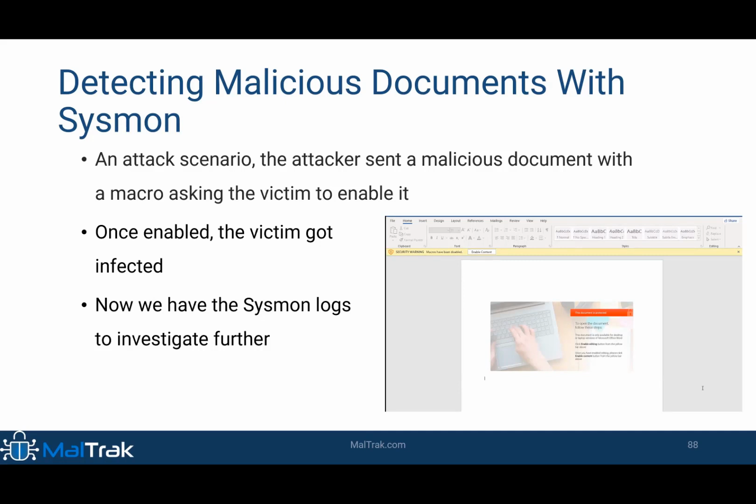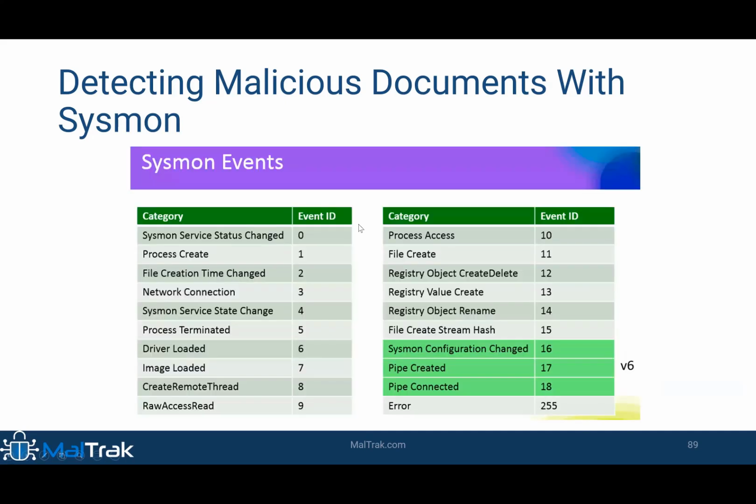How are you going to detect that? Well, I will assume that WinWord.exe has opened. WinWord.exe is the Microsoft Word application. And I will assume that WinWord has dropped a file, so that's file create 11, or has executed an application, which means event ID 1, or communicated to the internet, to a website that's different from Microsoft websites, which is network connection 3.